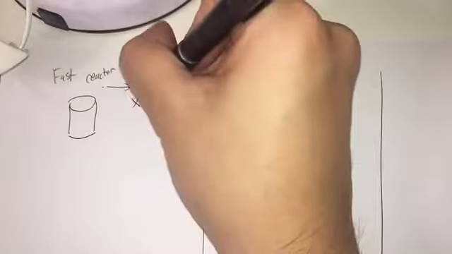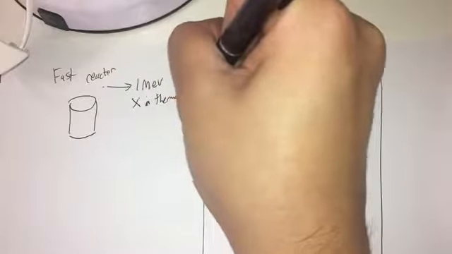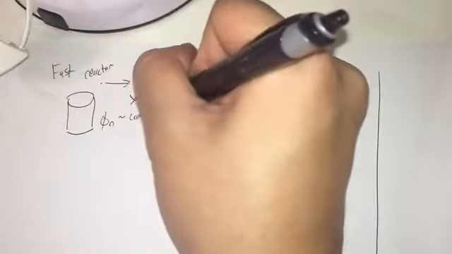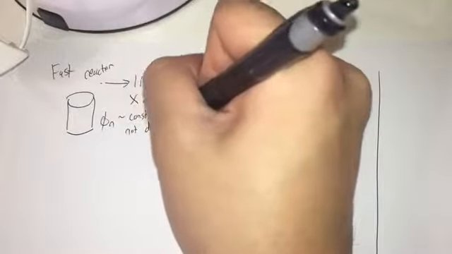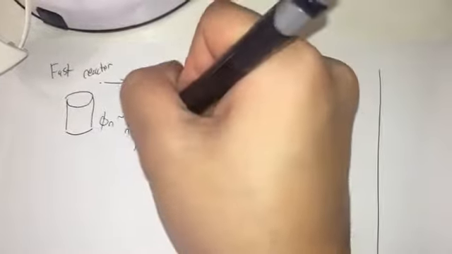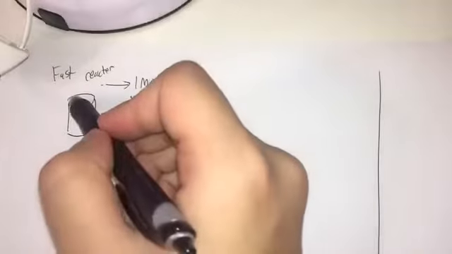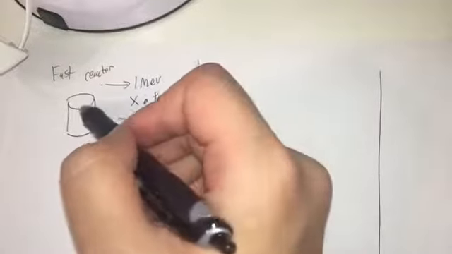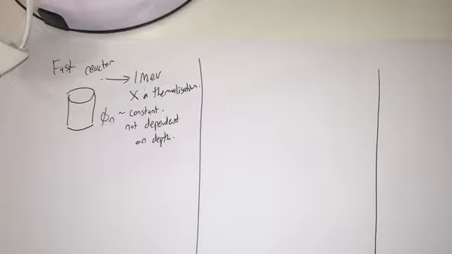So no thermalization. As a result, the neutron flux in this fuel pellet is roughly constant and not dependent on depth. So for a thermal reactor, more neutron flux can be found on the outside of the pellet as compared to the center. But for a fast reactor, this neutron flux is relatively constant.